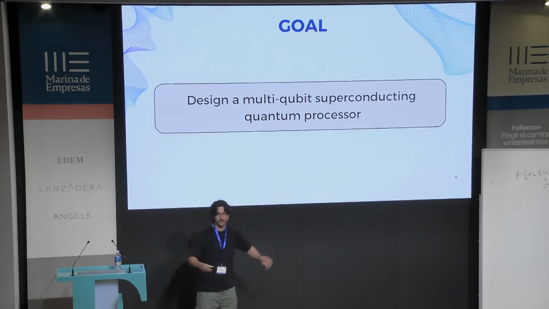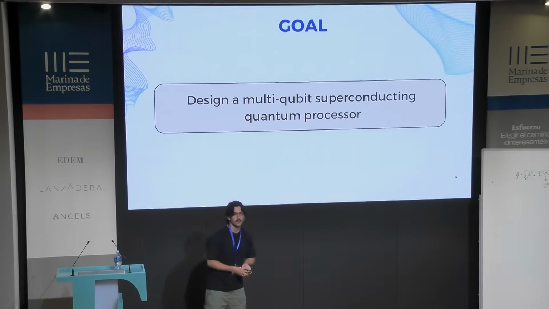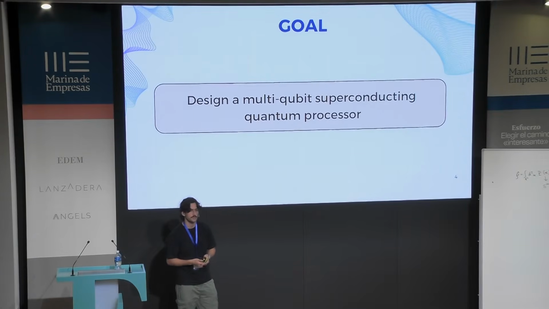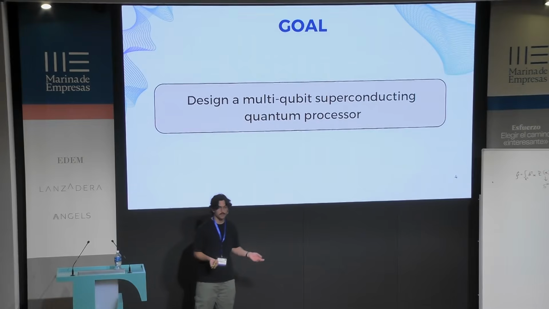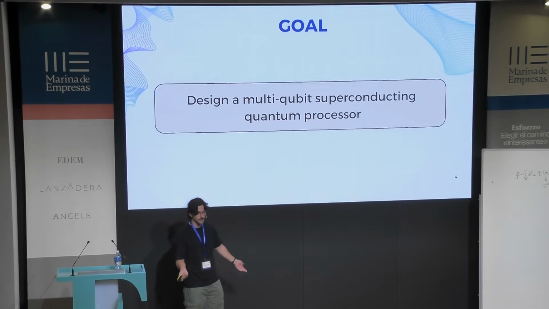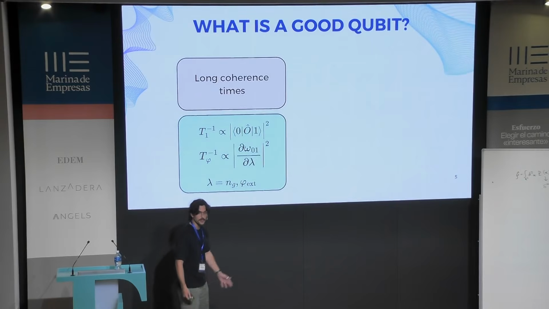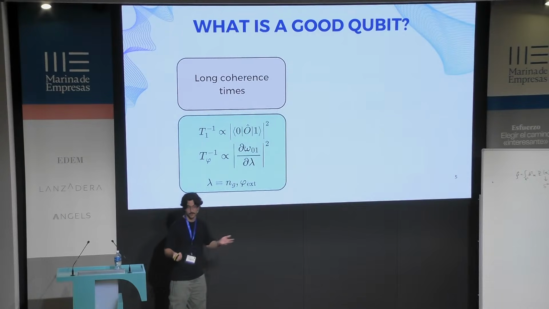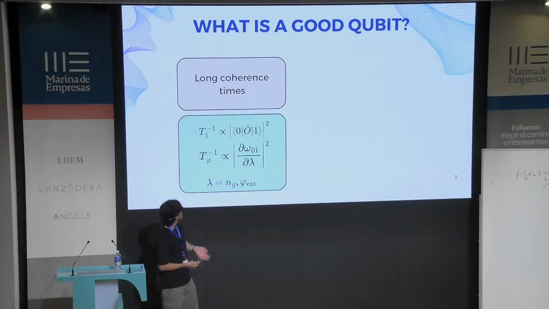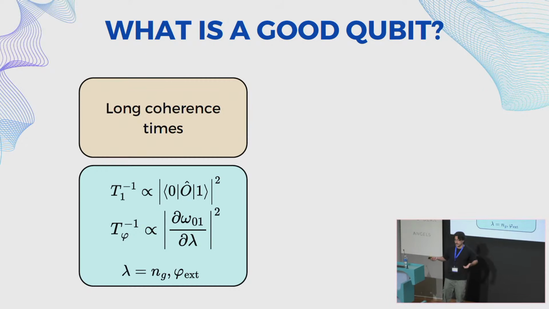So what's the goal of our talk? We will try to design a multi-qubit quantum processor that's more resilient to noise than the hardware we already have. In order to do that, first we have to define what a good qubit is. A good qubit for us will try to extend the coherence times. We have two coherence times: T1, which accounts for the bit flip noise, and T2, which accounts for the phase flip noise.